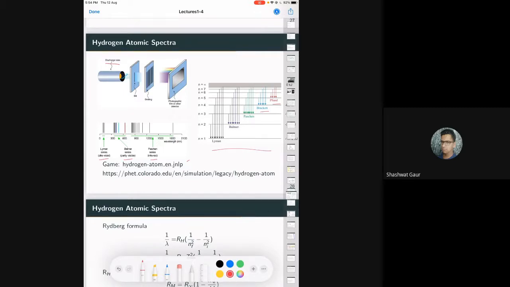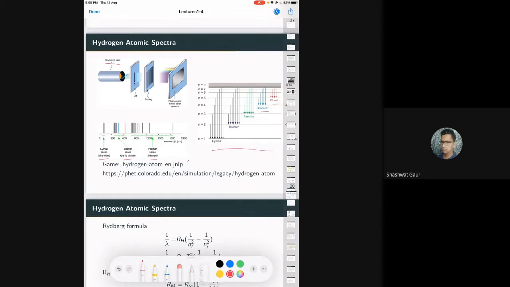And people realized that even the atomic spectra relied on the concept of quantization of energy levels. Here it is of atoms. So for Planck in the black body, he was talking about quantization of energies of a heated body. Here it is of an atom.